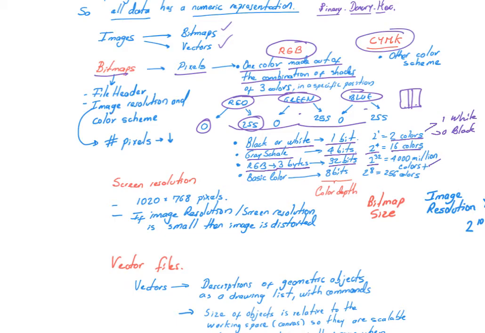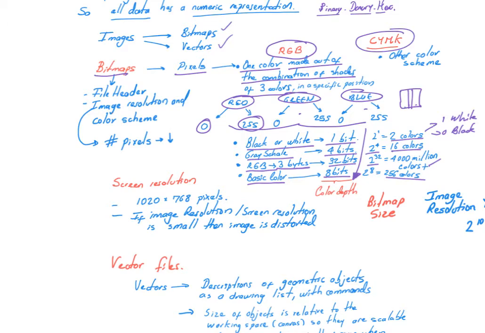Back in, I don't know, like 3 or 4 decades ago, the first colored screens used a basic color made out of 8 bits, and that made 256 colors available. Now, the quantity of bits that we use is what we call color depth, right? And that's an important concept here.